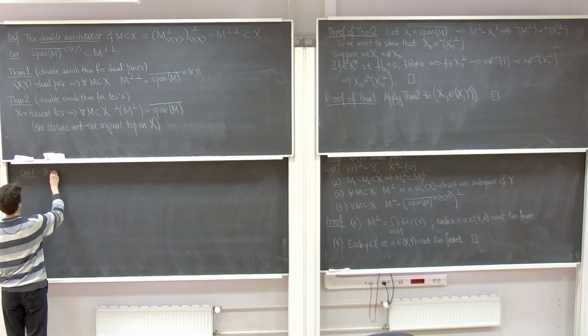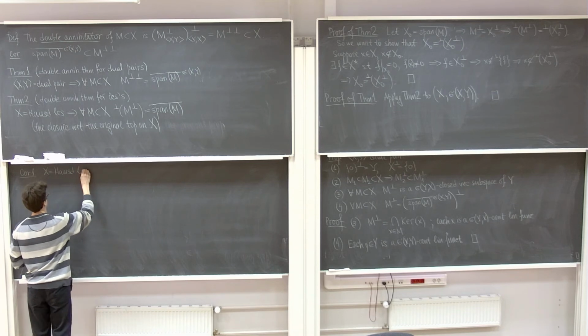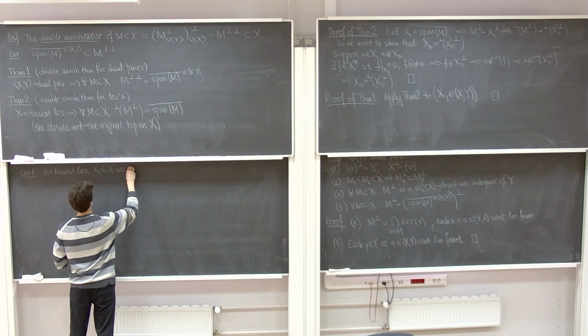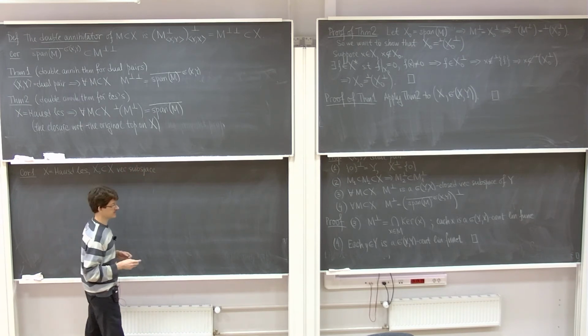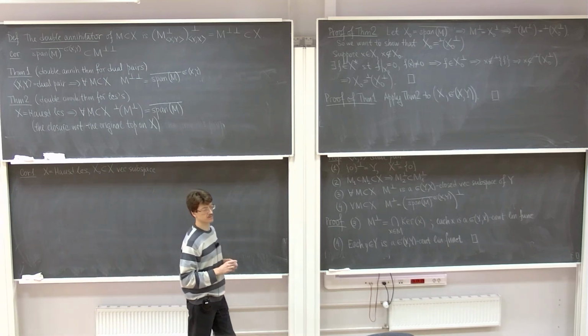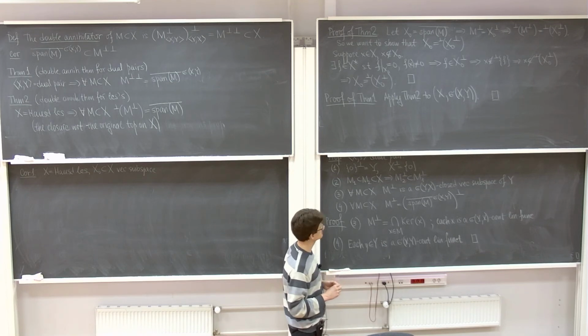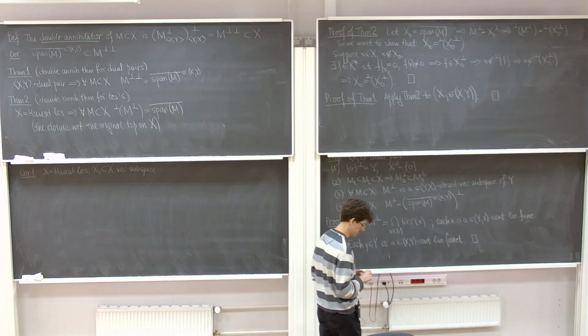Suppose that X is a Hausdorff locally convex space and X0 is a vector subspace of X. X is Hausdorff; we observed this in the previous lecture.